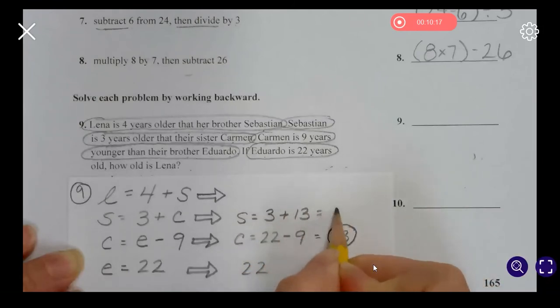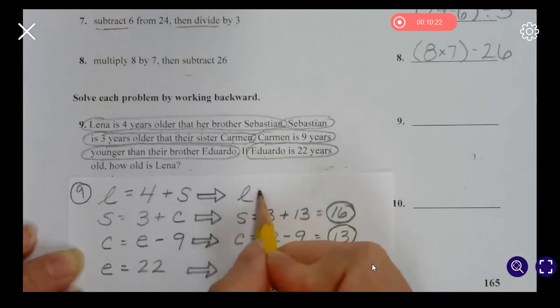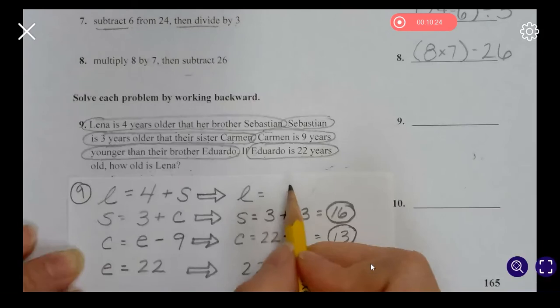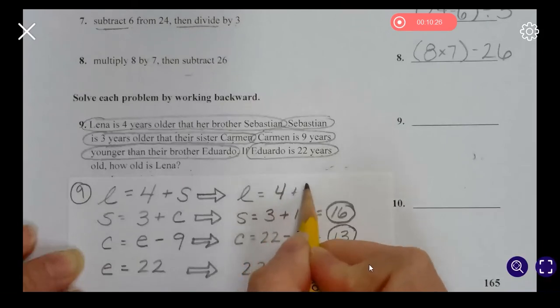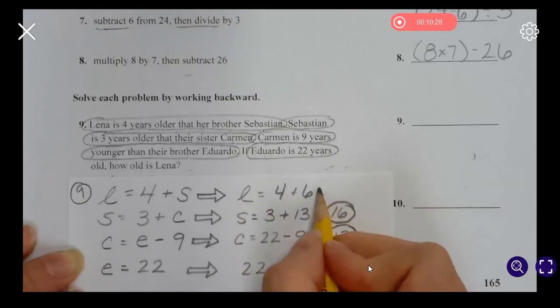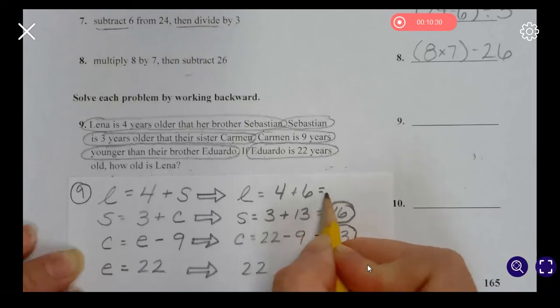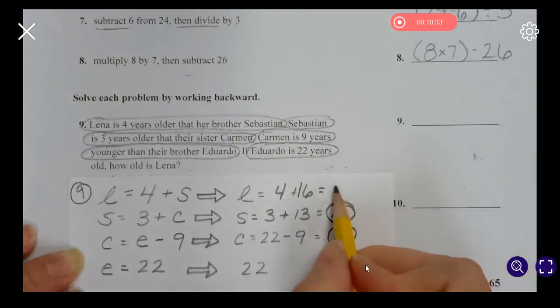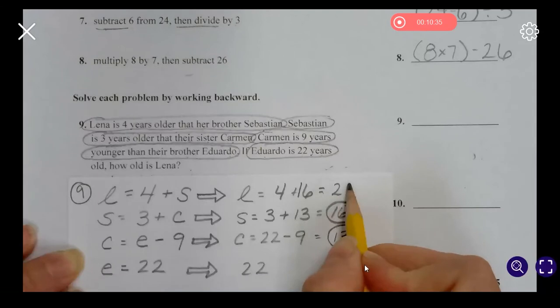So Sebastian is 16 years old. And Lena equals 4 plus Sebastian. So Lena equals 20 years.